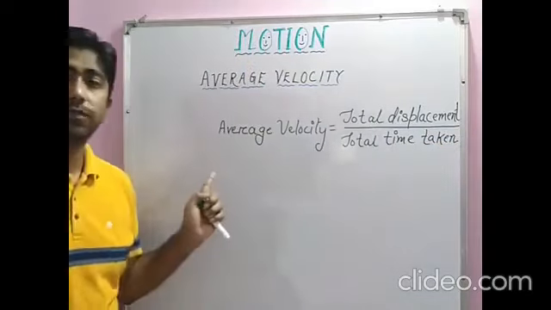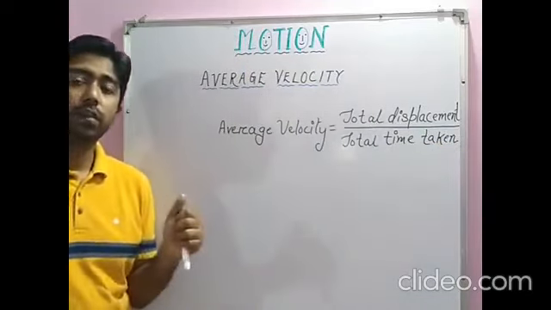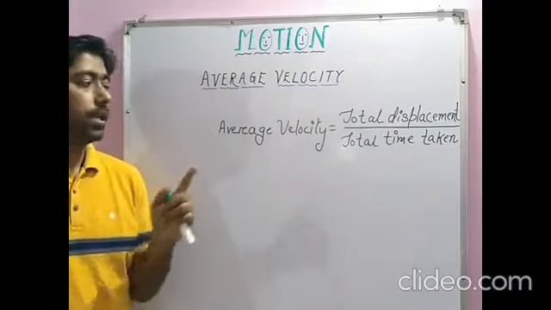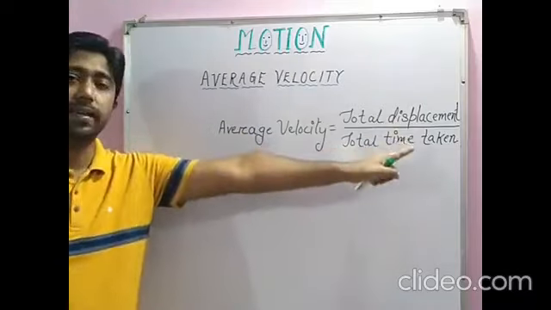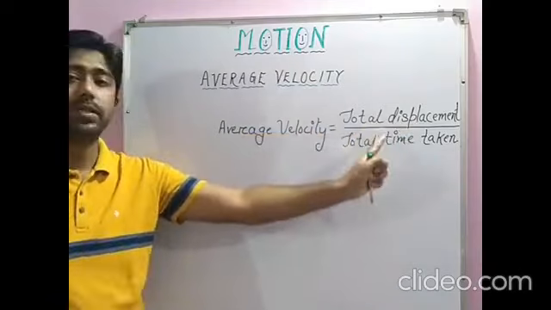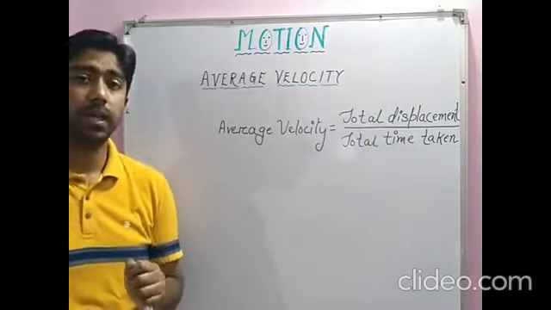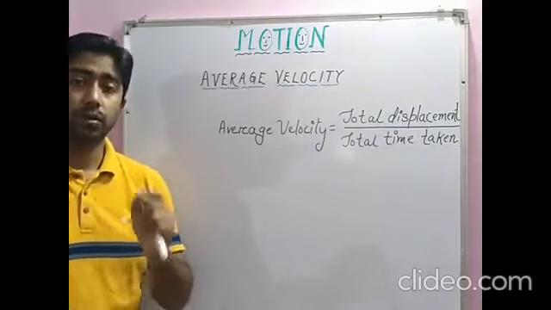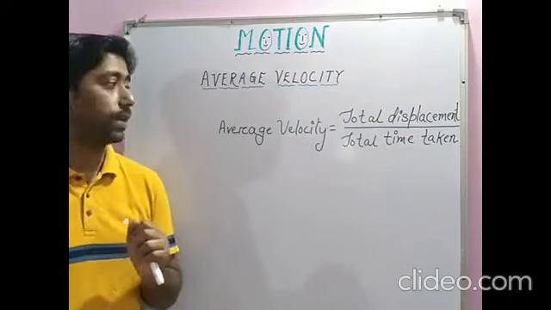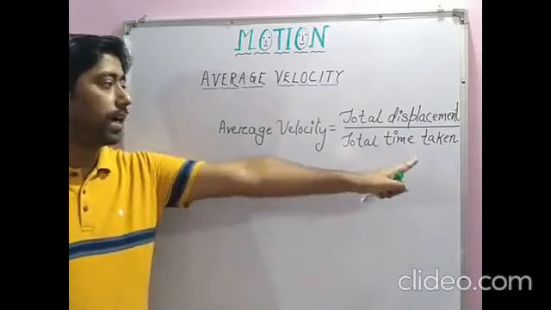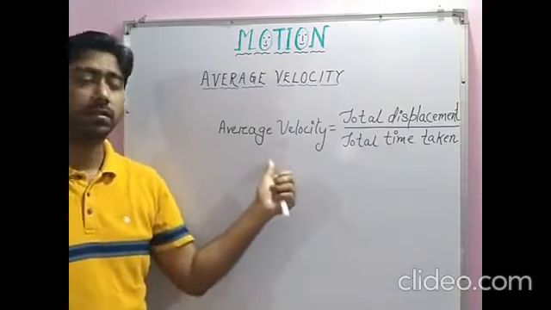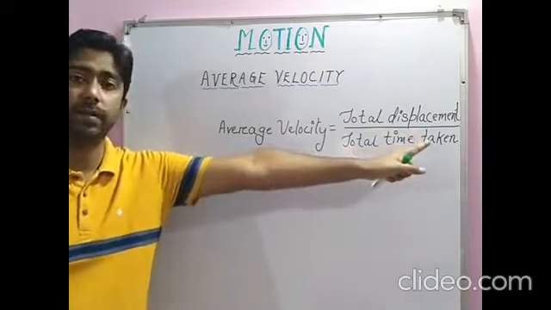So if you compare this formula with the formula for average speed, you will see that on the right hand side, the numerator now is displacement, while in case of average speed, it was distance. So you have to keep in mind this point of difference. On the right hand side for average velocity, the numerator has displacement.